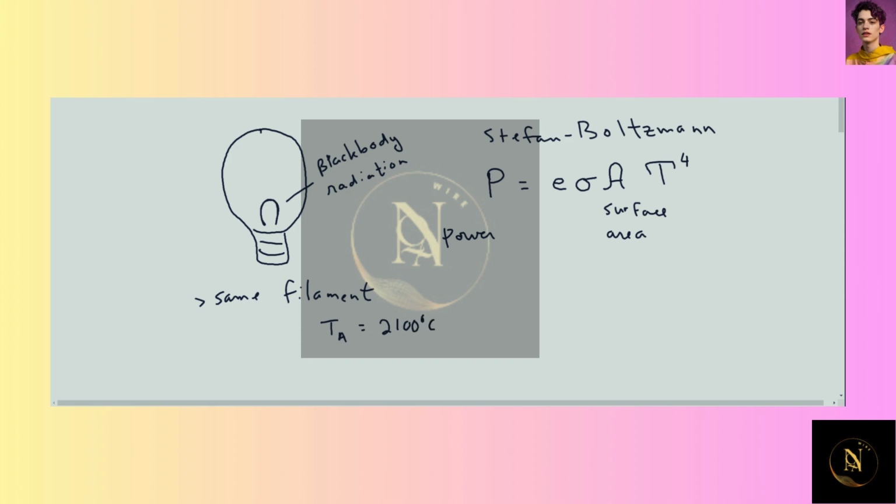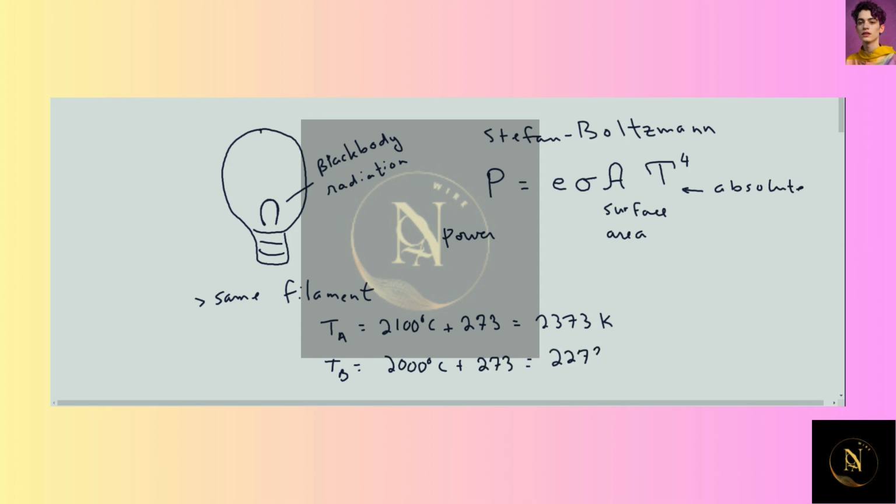And here I want to point out that that temperature must be an absolute scale, so we will want to convert that to Kelvin by adding 273 to that. And the second bulb is a little bit cooler, 2000 degrees centigrade, but we want to convert to Kelvin to make it an absolute scale.